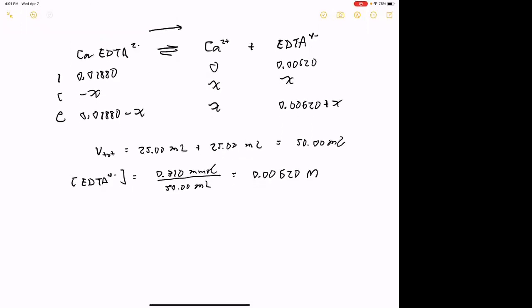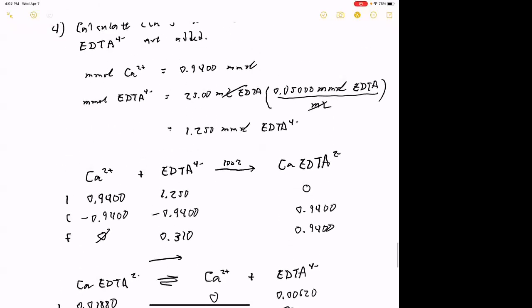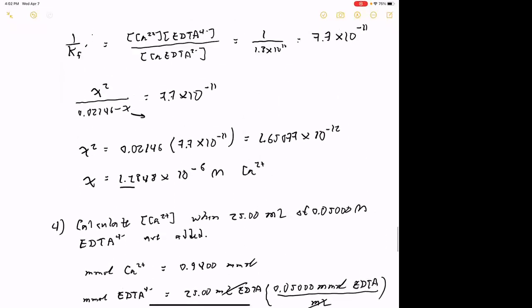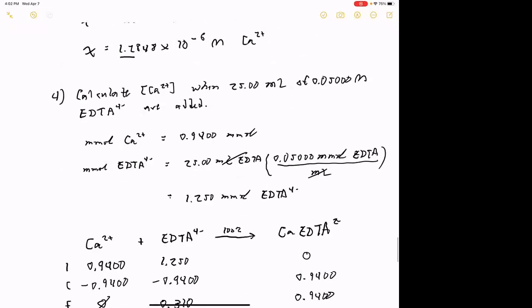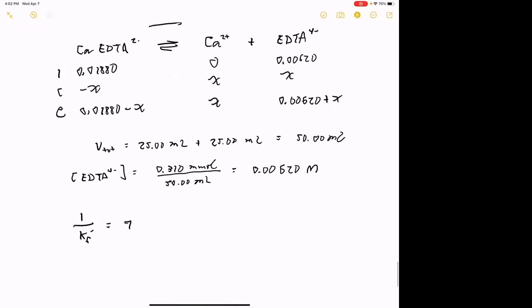All right, now we're going to put everything back in the law of mass action. So now I need that K value that I had, which, we'll just remind ourselves, was 1 over the Kf prime. And we calculated that before. That turned out to be 7.7 times 10 to the minus 11th. Products over reactants.